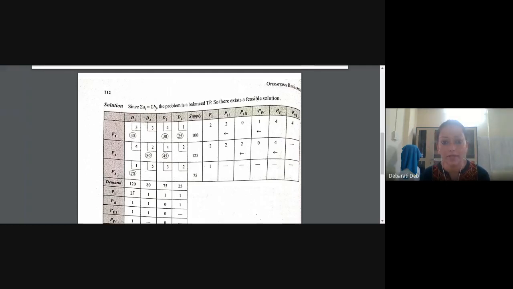The problem is a balanced TP, and hence there exists a feasible solution.